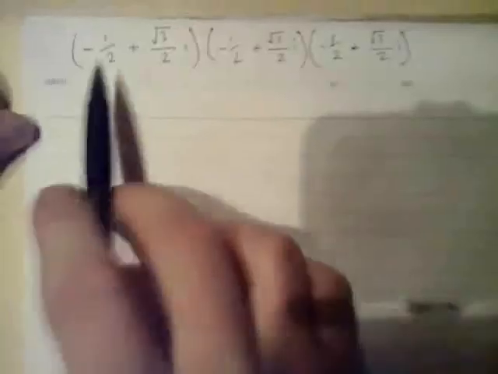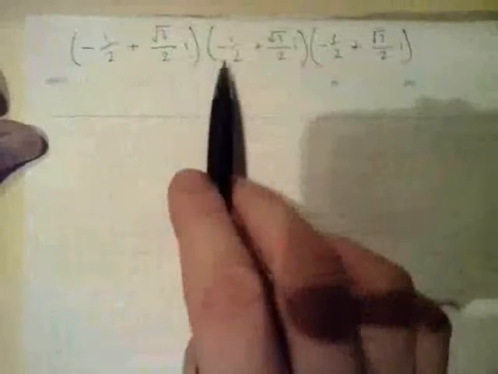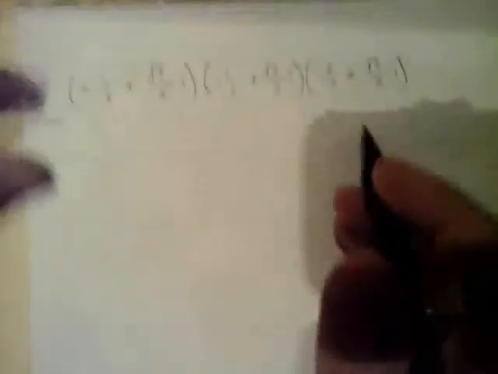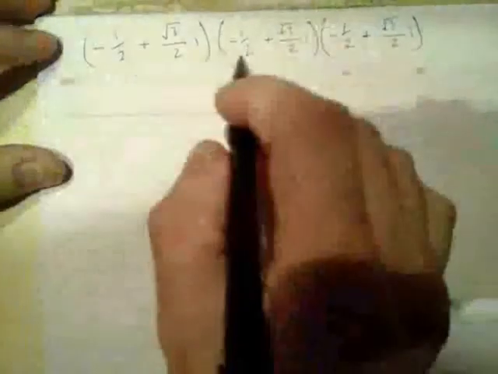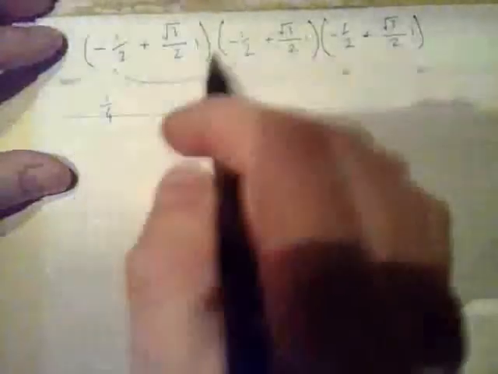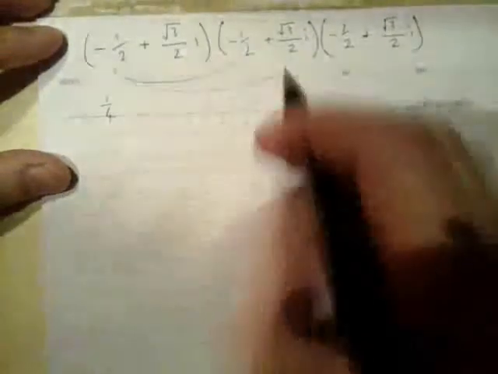So the first thing I'm going to do is expand the first two brackets here, using the standard FOIL method. First, outside, inside, last. So let's get on with it. -1/2 times -1/2 is 1/4. That's the first one. Then outside, -1/2 times root 3 over 2i.